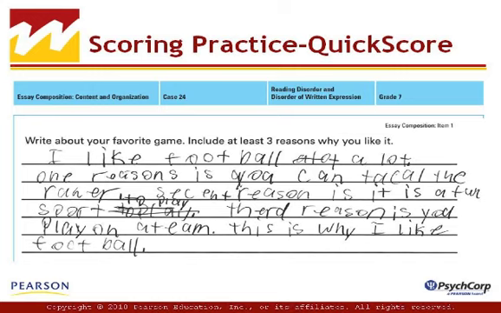Then you want to look at reasons. And this student actually makes it easy for us because he uses the same method to present all 3 reasons. Criterion D, an enumerative word or phrase. 1 reason is you can tackle the runner. 2nd reason is it is a fun sport to play. 3rd reason is you play on a team.